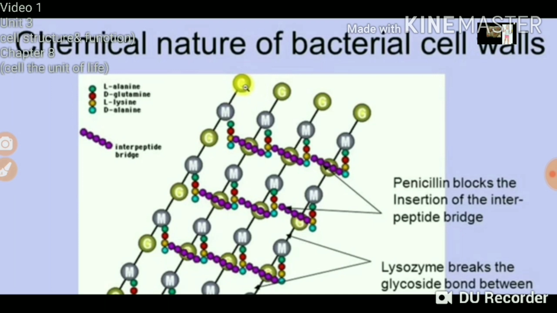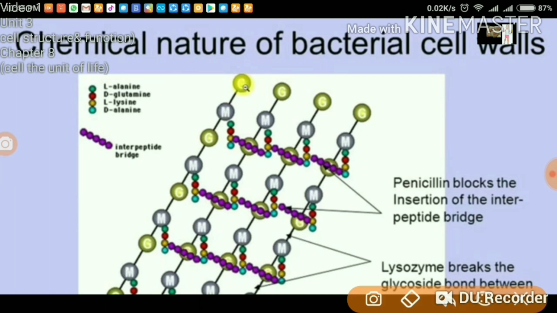Lysozyme is produced by lysosomes, as you know. This lysozyme breaks the interlocking sugars, and thereby lysozyme or other chemicals and enzymes can access the plasma membrane and attack the plasma membrane and cytoplasm, so that the bacteria can be destroyed.